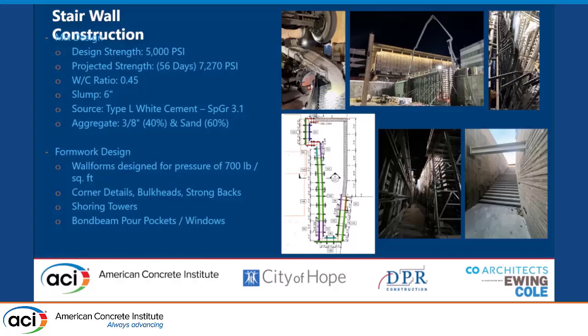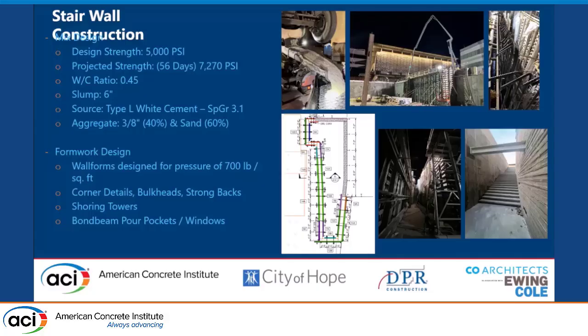For the construction of this wall, the design strength was 5,000 psi. The actual mix, when we got it, the breaks were coming in at 7,000 psi, so we were going above and beyond the structural requirement. We used type L white cement, with 3/8 aggregate and sand.